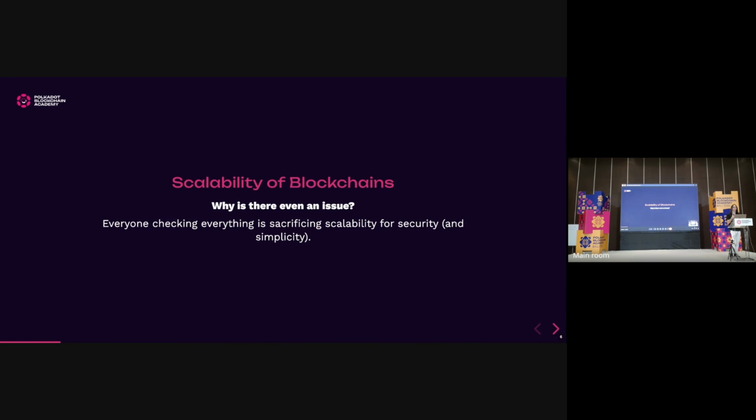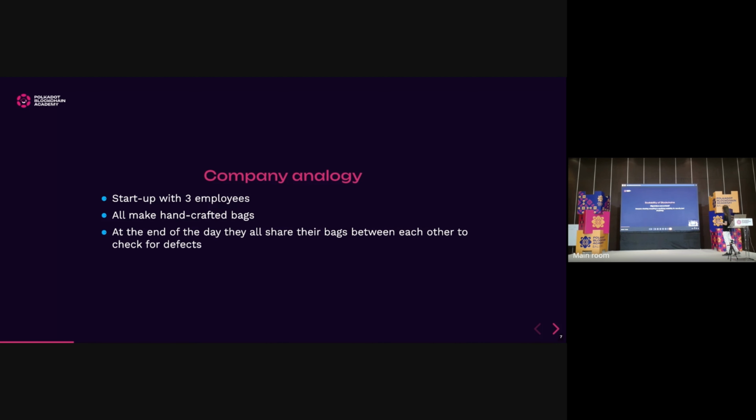The actual state transition is super simple. The mining is what takes all the hardware. But remember, we don't have that; we have proof of stake, which eliminates this element. So the biggest problem here is that everyone checking everything is sacrificing scalability for security.